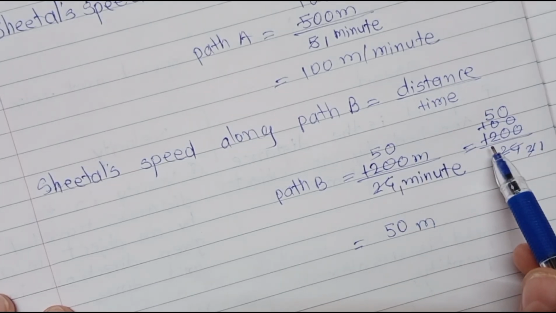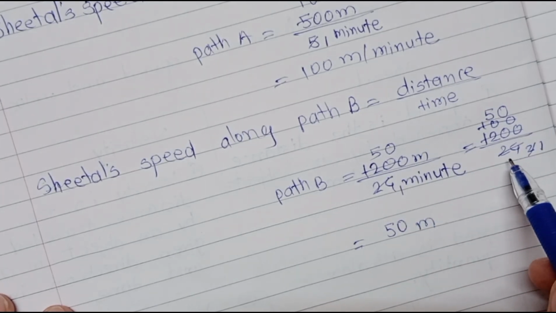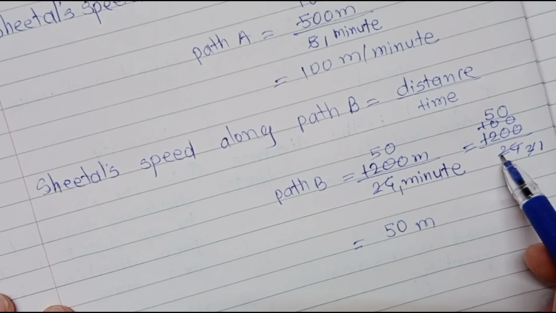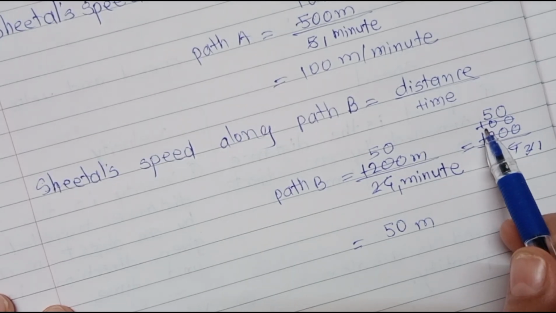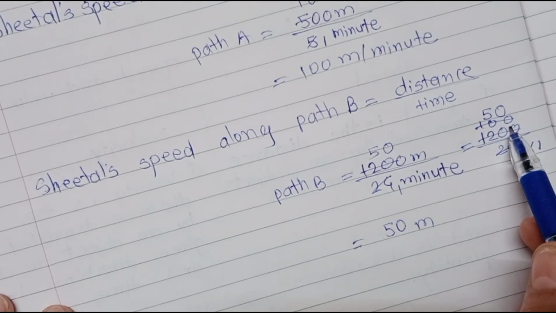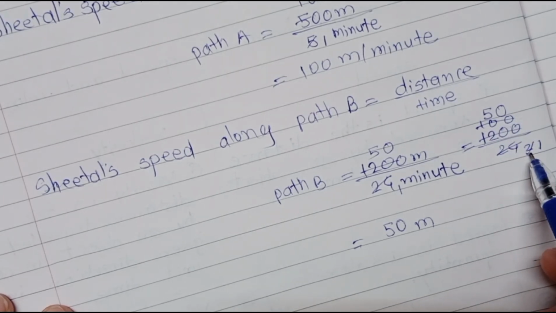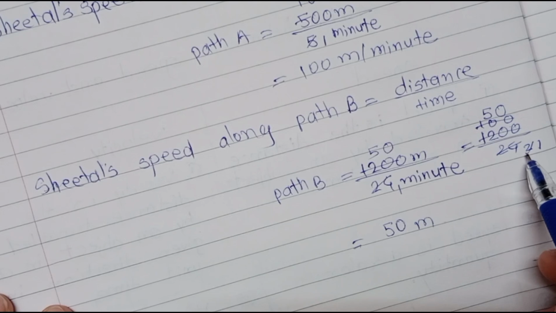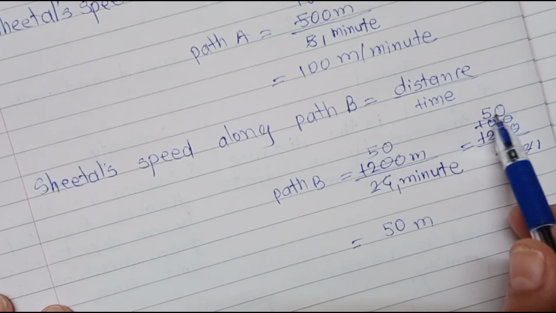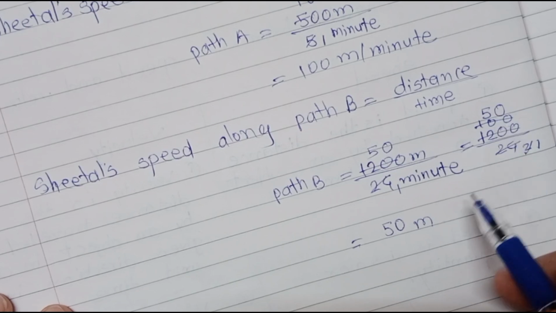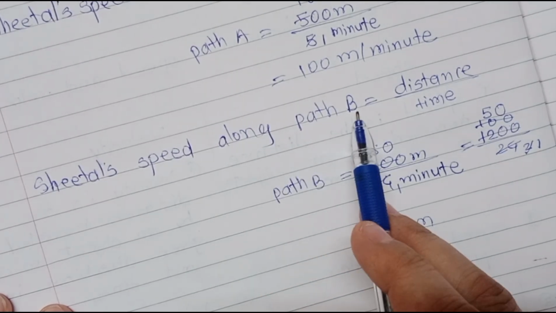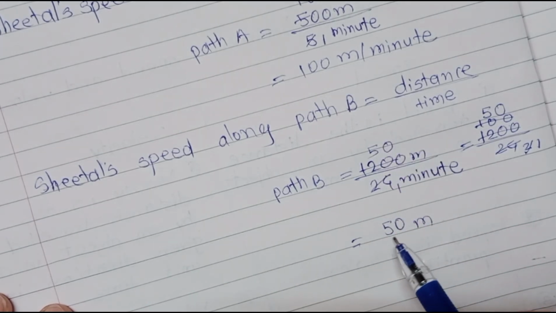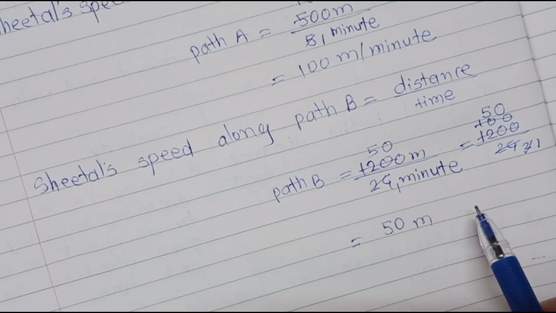In another way also you can calculate. 12 ones are 12, 12 twos are 24, then 12 ones are 12 and this 20 will be here. Again you can divide it by 2. 2 ones are 2, 2 fives are 10 and this 0 will be here. So our answer will be 50 meter. Along path B, speed is 50 meter per minute.